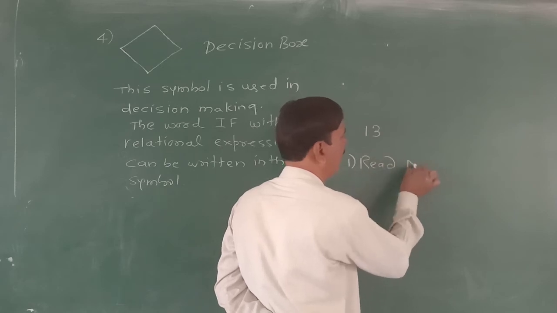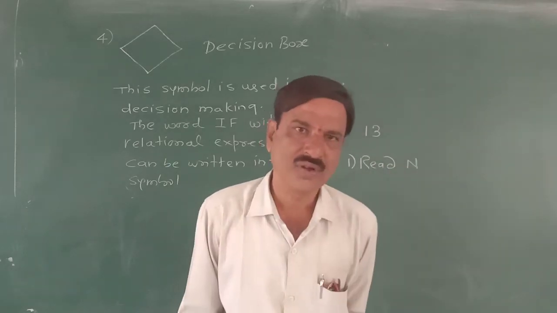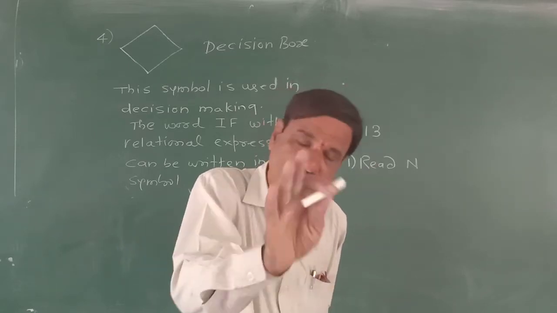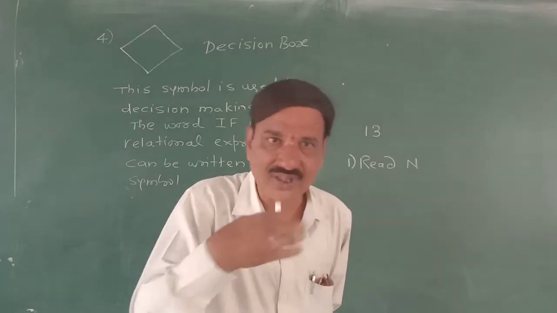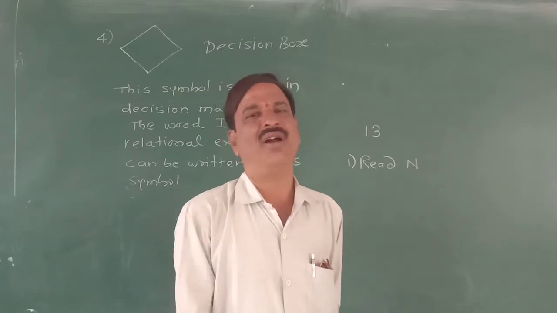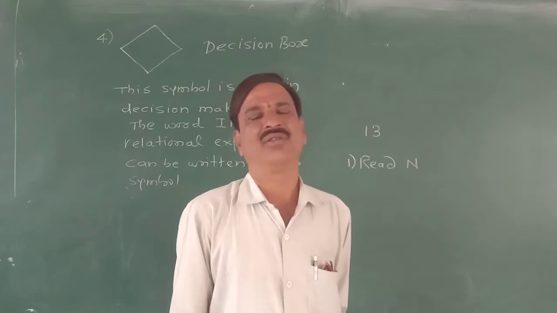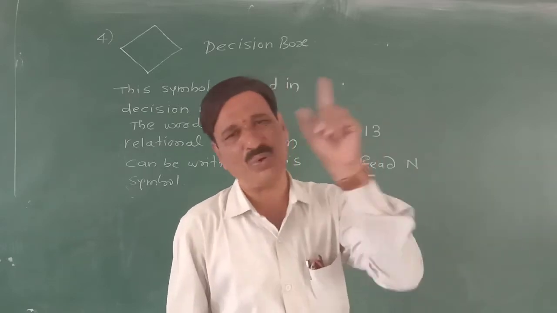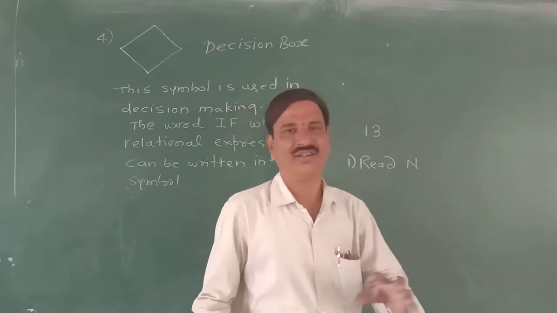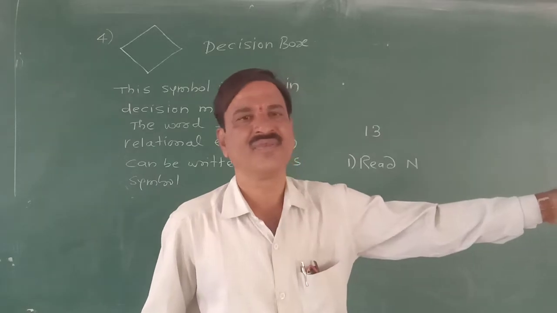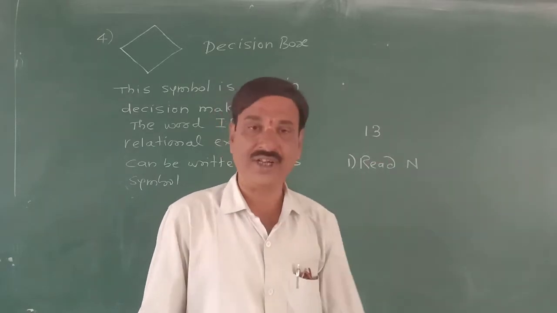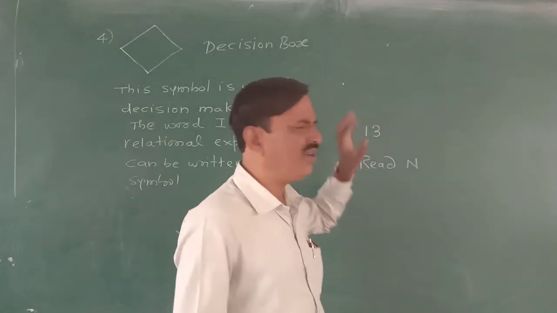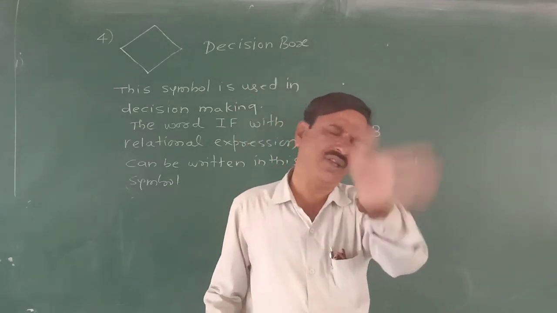Read and print whether given number. It means it is necessary to give a number. But giving the number from the keyboard, the computer will not accept. We have to instruct the computer to read, and then it will accept. Now, second step. Looking at 13, the student gave the answer, replied.